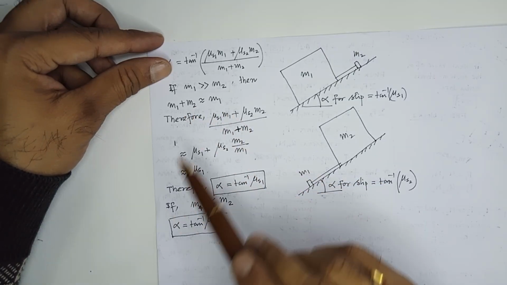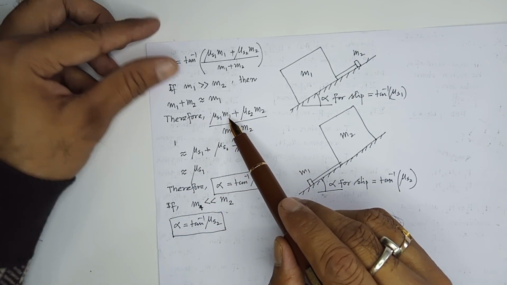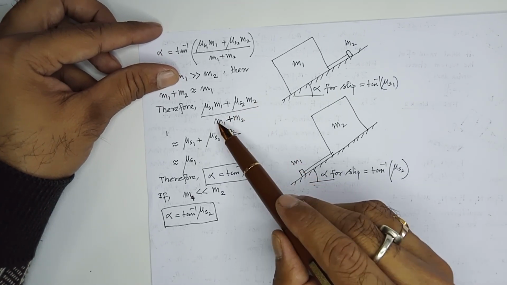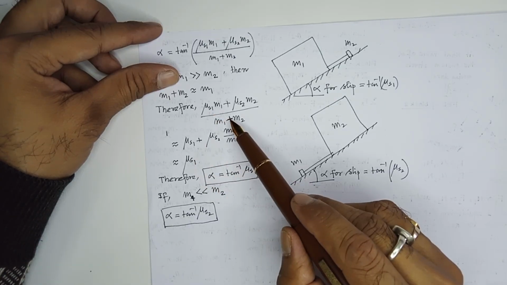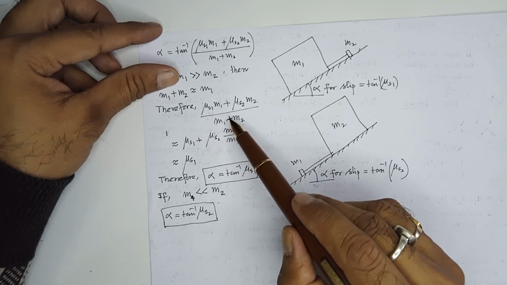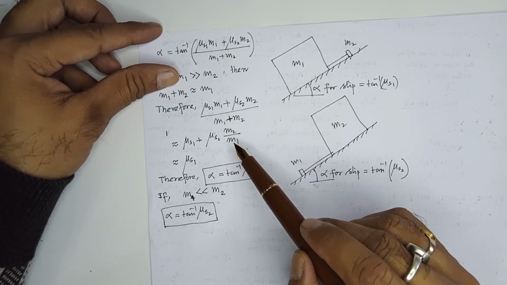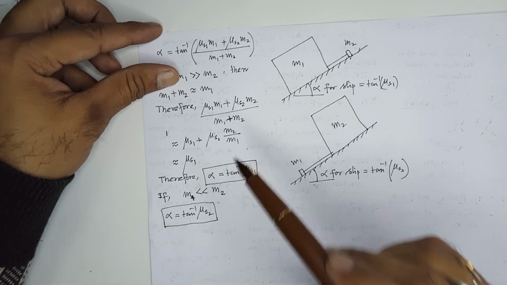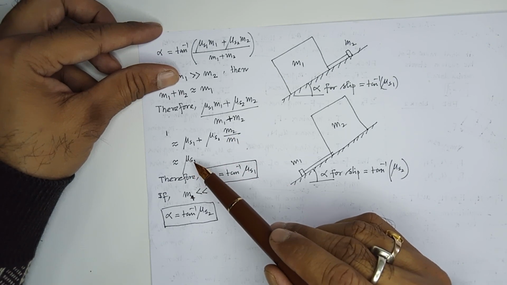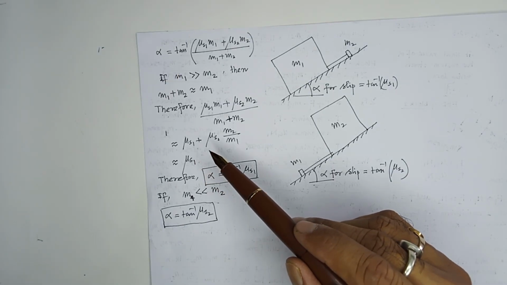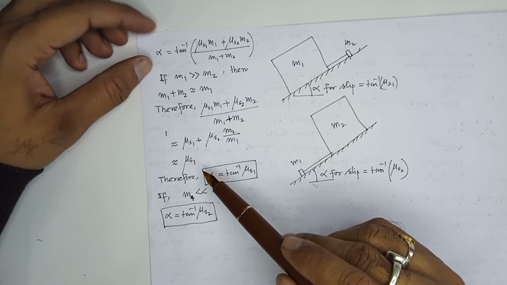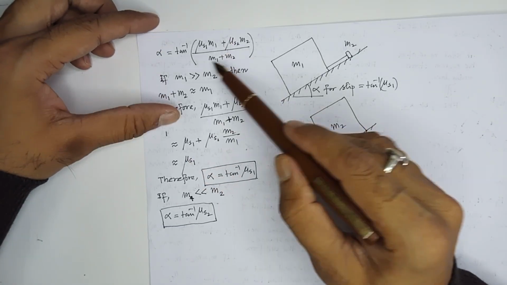So m1 will cancel, and mu s2 m2 by m1 will be almost 0, so what remains is mu s1.